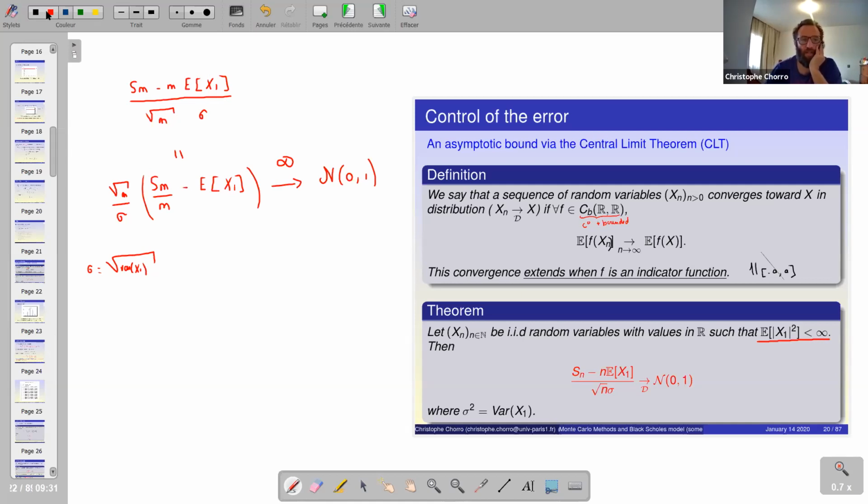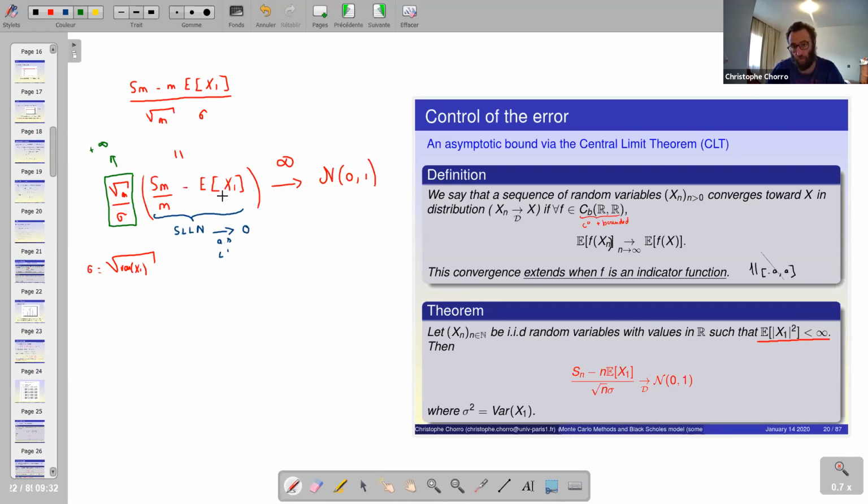Okay, so what is the classical intuitive meaning of the central limit theorem? It comes from the strong law of large numbers, that this one converges almost surely and in L1 towards 0. So I have something here that converges towards 0 in this sense. Here I have, of course, something that converges toward plus infinity.